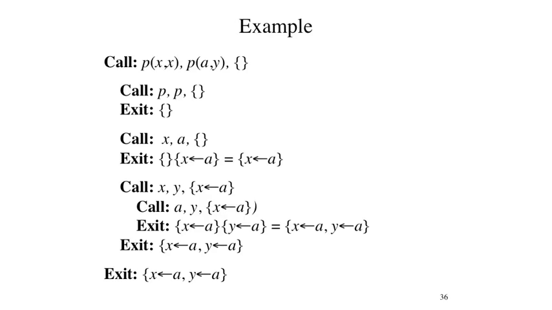In this case, we can bind y to a. We compose that substitution with the original substitution to produce the resulting composite substitution, x gets a and y gets a. And again, since we're done processing all of the sub-expressions, the substitution at this point is the most general unifier.